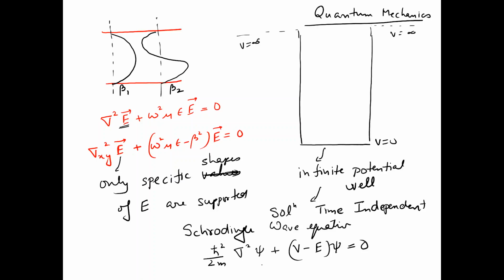And psi is basically called a probability distribution function.